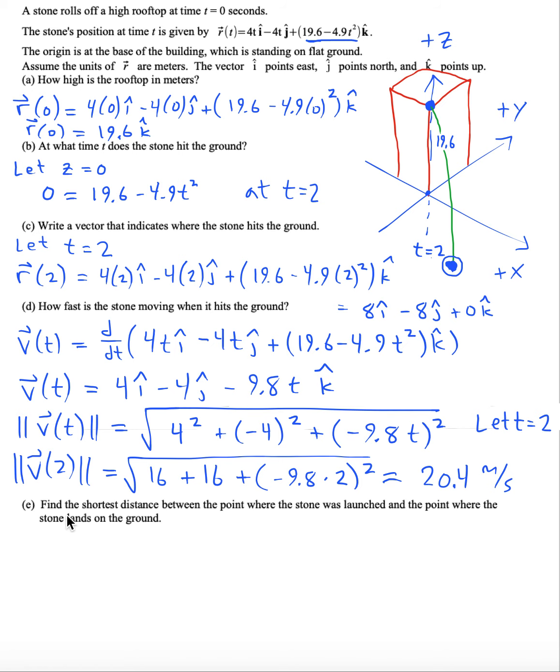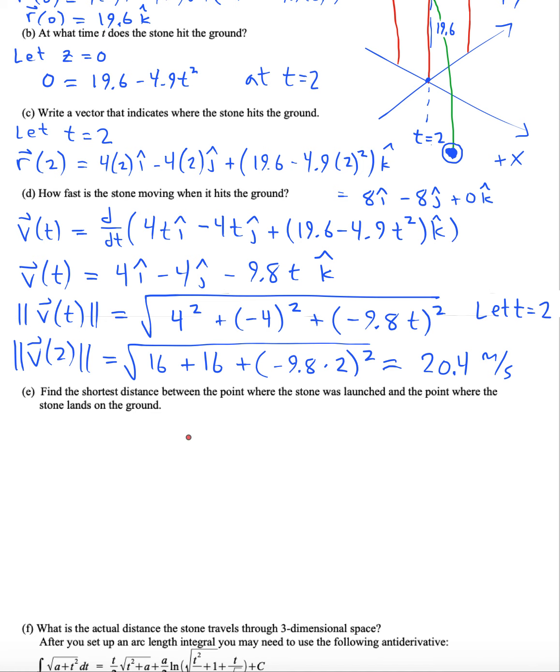All right, next we're asked to find the shortest distance between the point where the stone was launched and the point where it hits the ground. If this were just a two-dimensional problem, we would use the Pythagorean theorem for this. We'd have an initial point and a final point, and we'd make a triangle out of it.